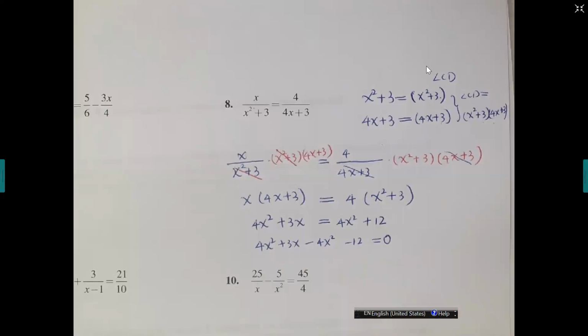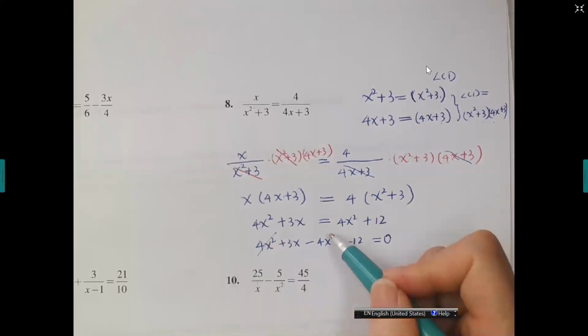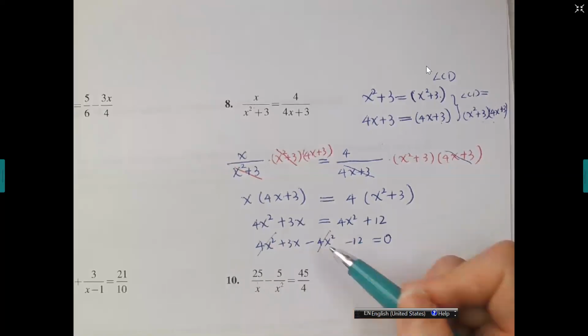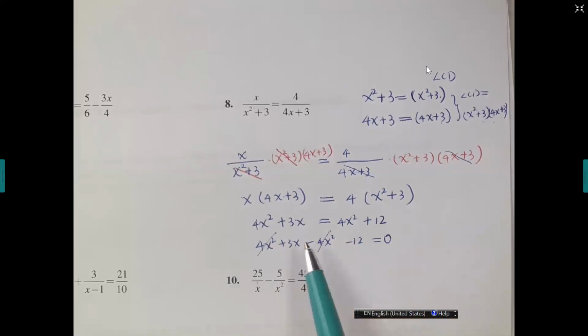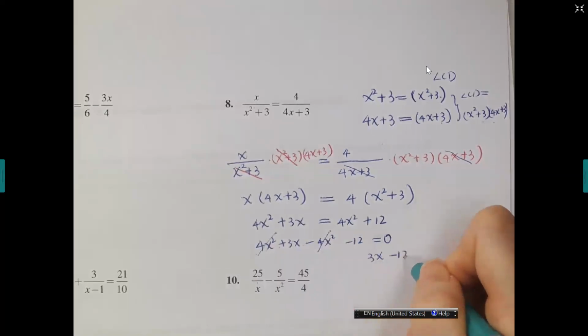But after I do this, when we combine like terms, something happens. 4x squared minus 4x squared, those two cancel out. This one, minus 4, 4 minus 4 is 0. So what do we have now? We have 3x minus 12 only.